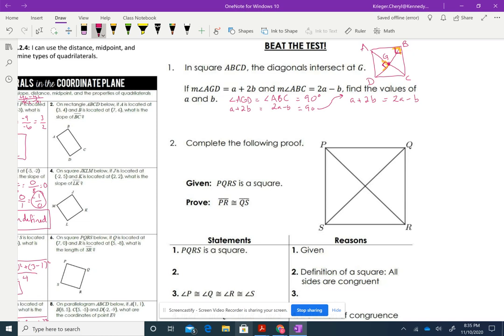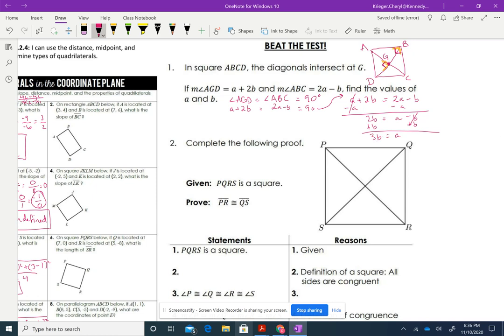Okay, so let's go ahead and subtract A on both sides. And I'm left with 2B equals A minus B, right? Because 2A minus A is 1A. And if I am solving for A, I'll add B to both sides and get A equals 3B.